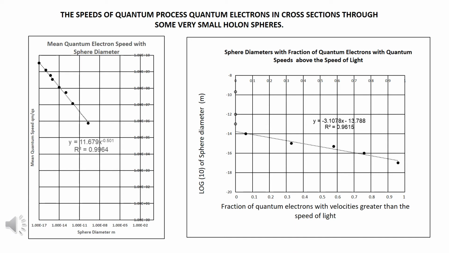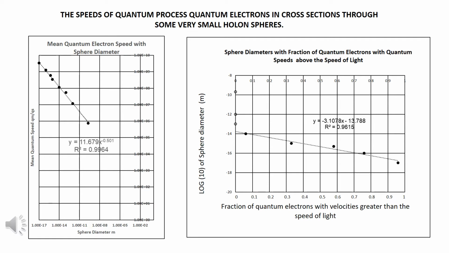As we come down the left-hand axis, the holon diameters become smaller. At the top, with relatively large diameters, there are no quantum electrons that exceed the speed of light. Then, when the diameter reaches 1 times 10 to the minus 14 meters, some of the quantum electrons have quantum speeds that exceed the speed of light.